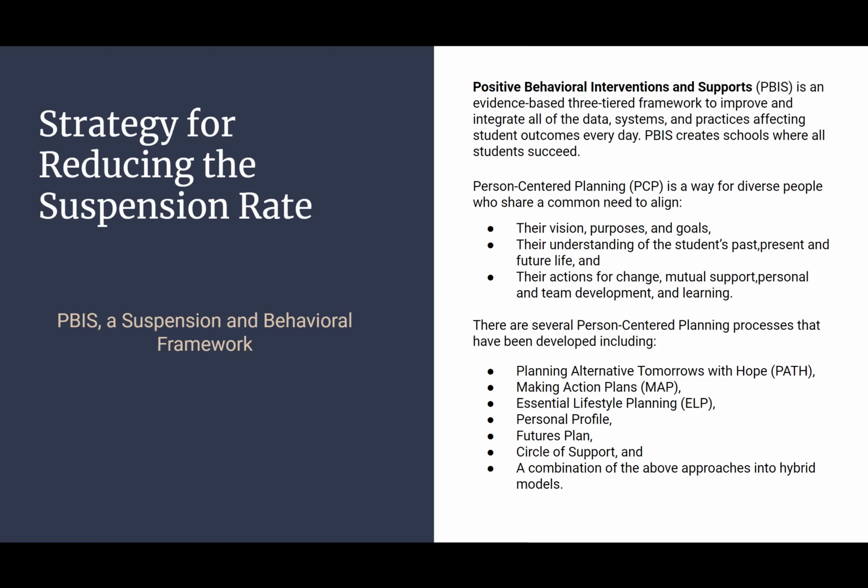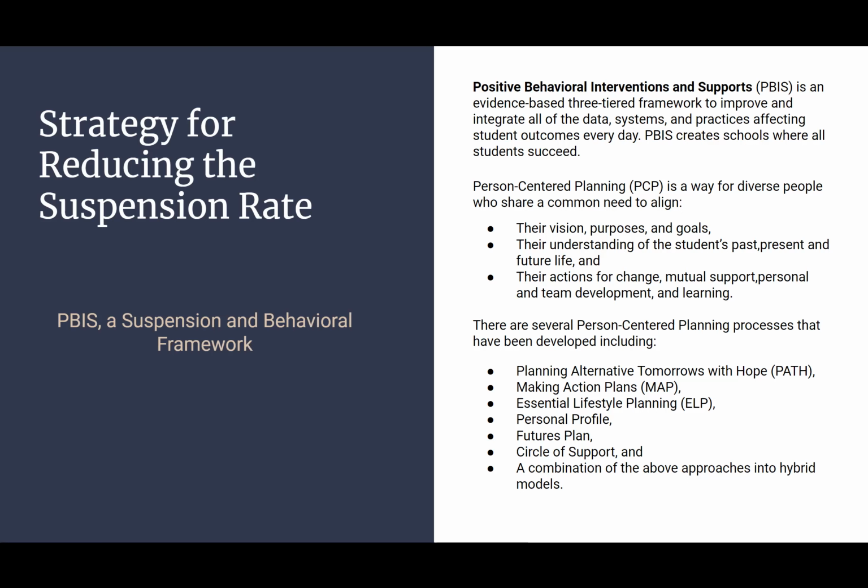There are also several person-centered planning processes that have been developed, including planning alternative tomorrows with hope, making action plans, essential lifestyle planning, personal life future plans, circle of support, and a combination of all the above approaches in a hybrid model.